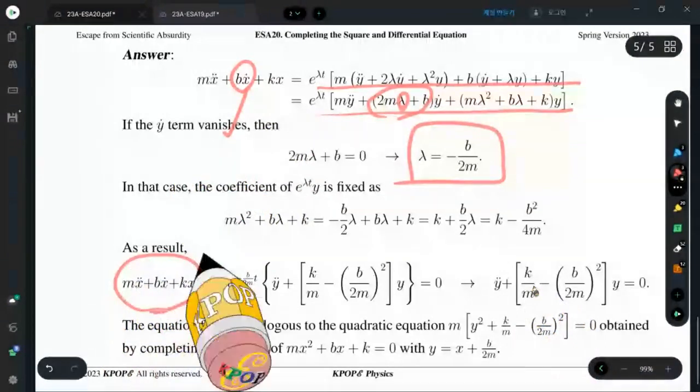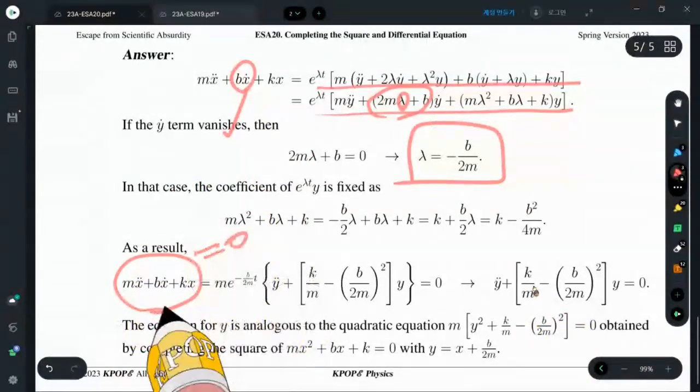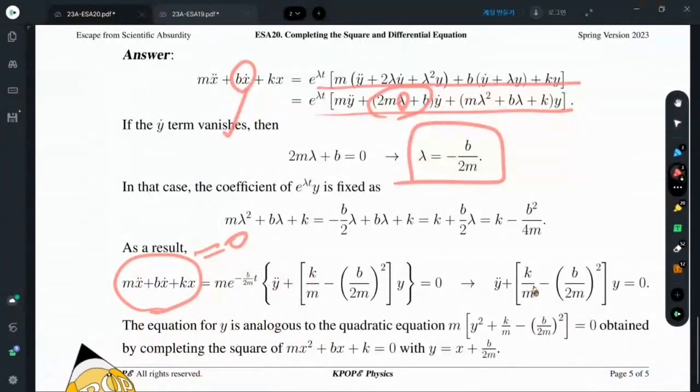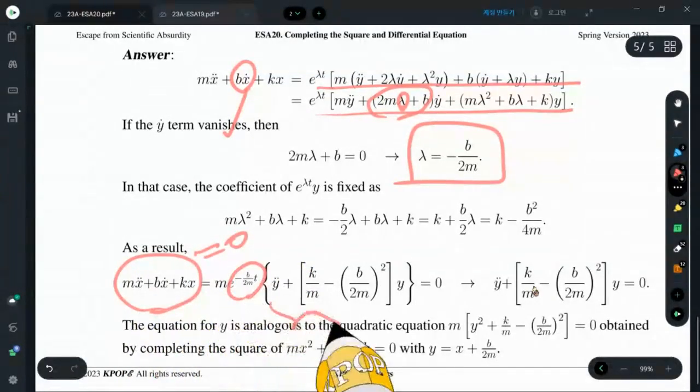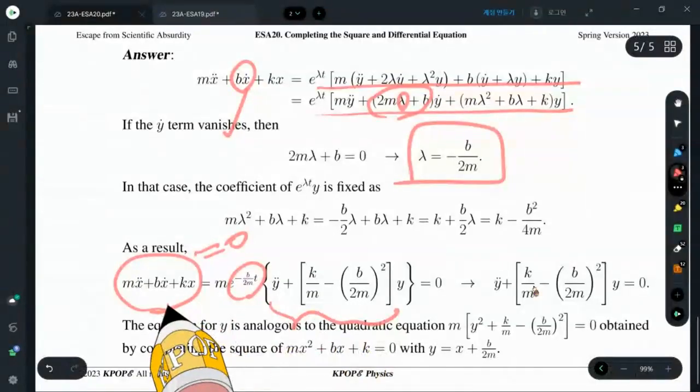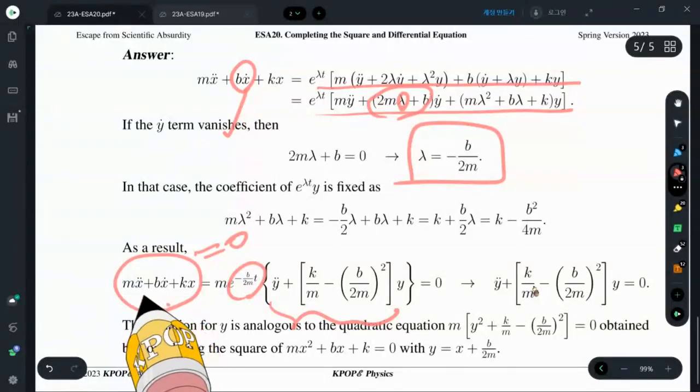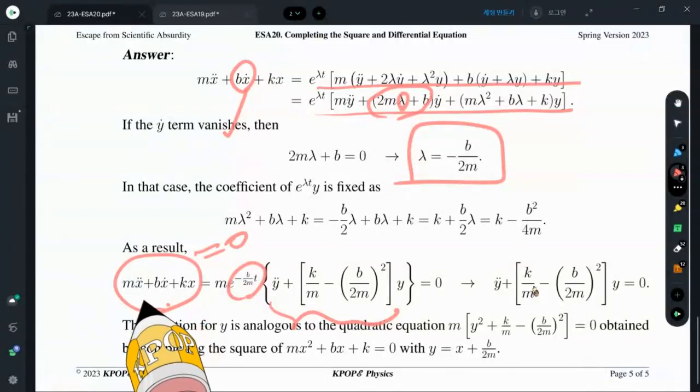So the equation you were supposed to solve has been reduced into a factorized form, and what you need to solve is this, not this. It is stupid to solve the original one directly.